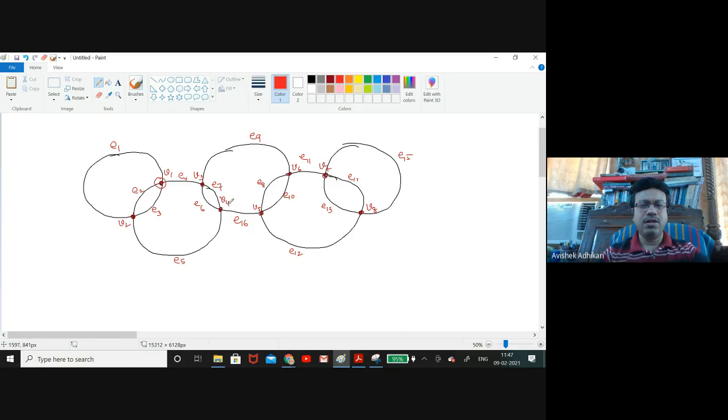Okay. Now try to solve this problem and give me some solution, or tell me that this is not possible. If you can find such a closed walk or circuit, as I mentioned in my earlier classes, or trail, then give me that.